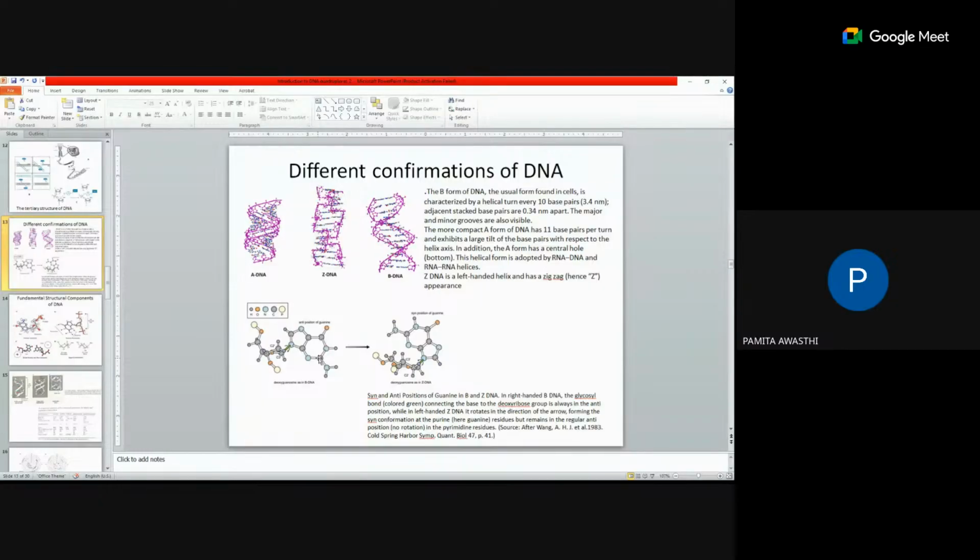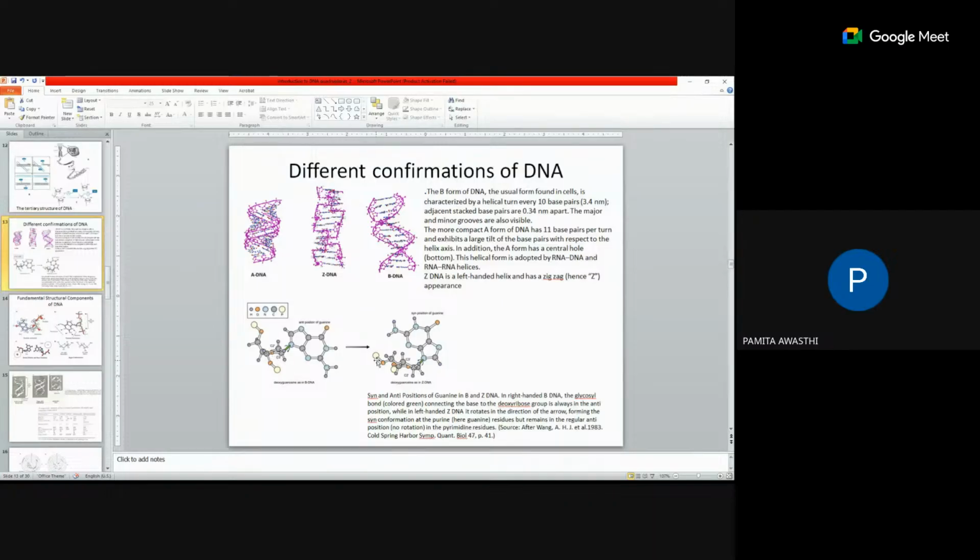DNA containing alternating purine pyrimidine residues can fold into a right-handed as well as a left-handed helix. In order to understand the folding, we need to consider how the bond between the bases and the sugar molecule positions itself.